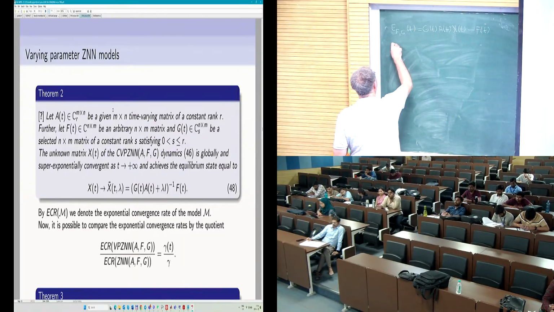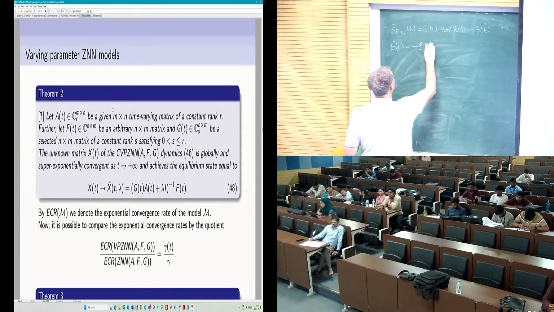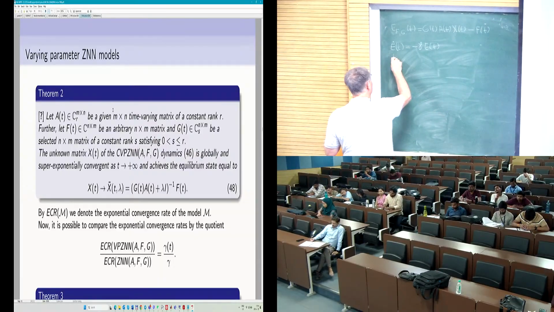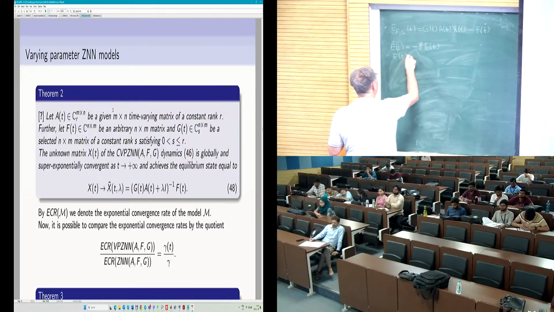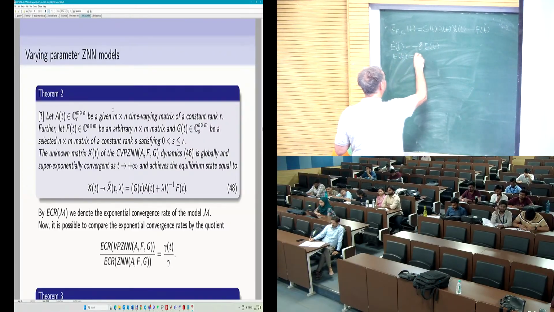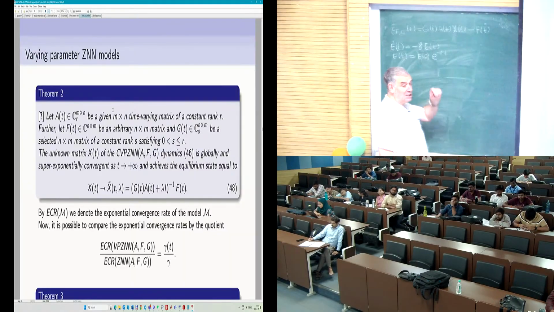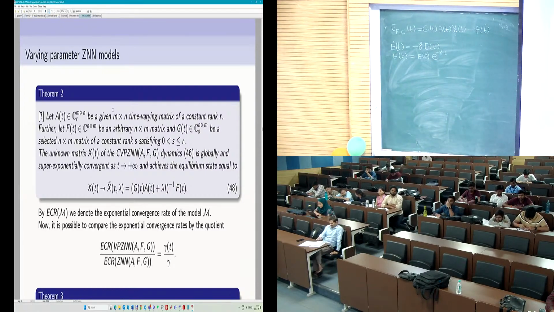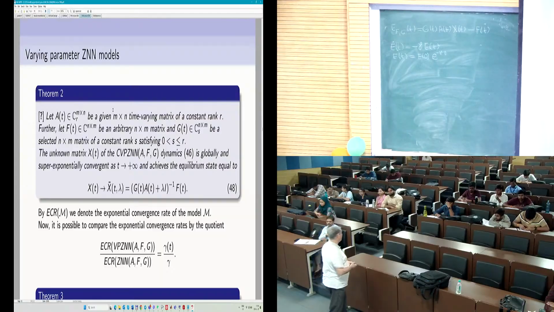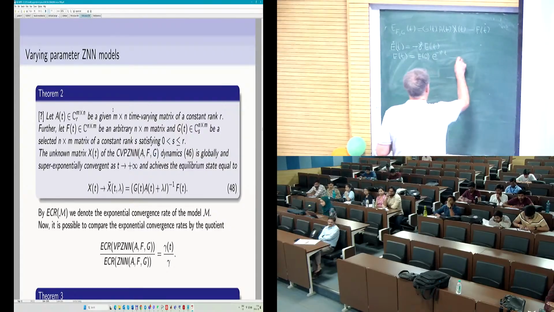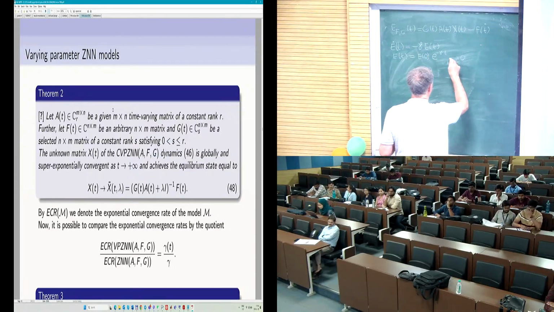We spoke that it has analytical solution in the form E of t is equal to E of 0 times exponent. Clearly here we can observe exponential convergence. E power minus gamma t tends to 0, evidently, as t tends to infinity.